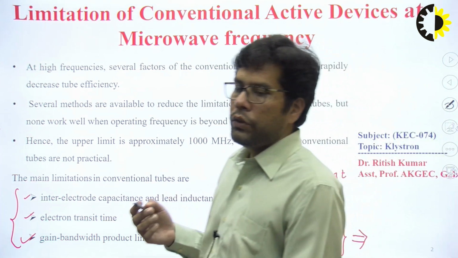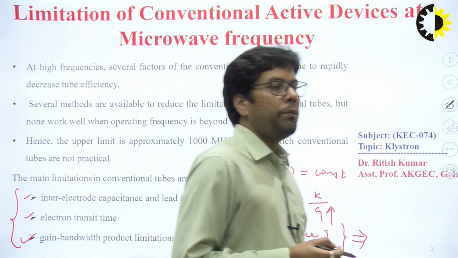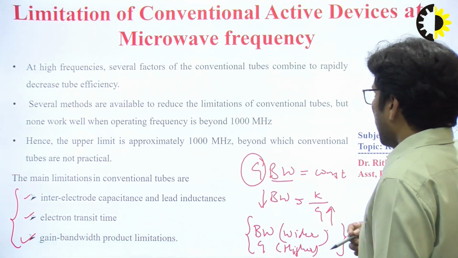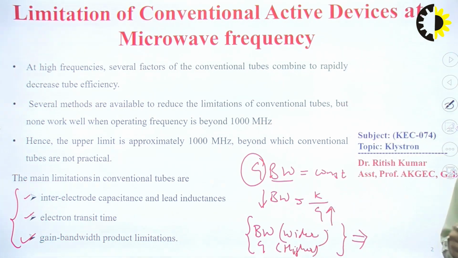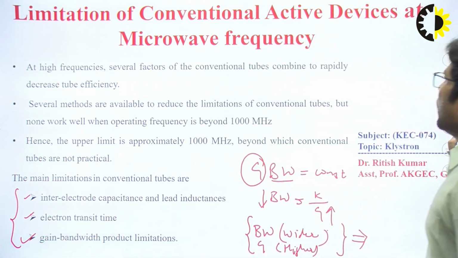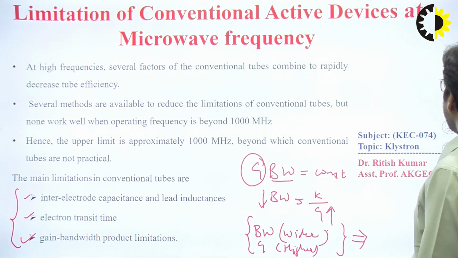Retrained cavities can be used in the Klystron amplifier. So to overcome these limitations, we use Klystron amplifier, reflex Klystron, magnetron, and TWT. TWT is used to have wider bandwidth and higher gain simultaneously. This is all about the limitations of the conventional microwave tubes at higher frequencies.